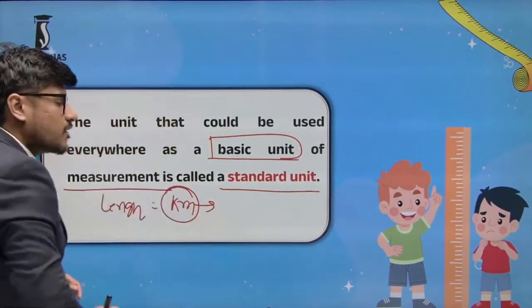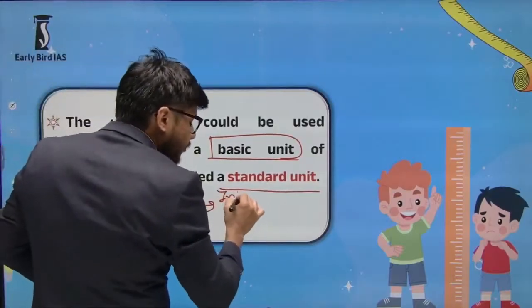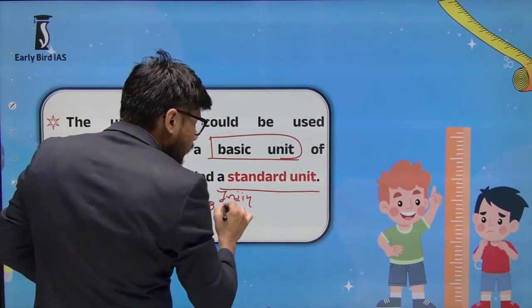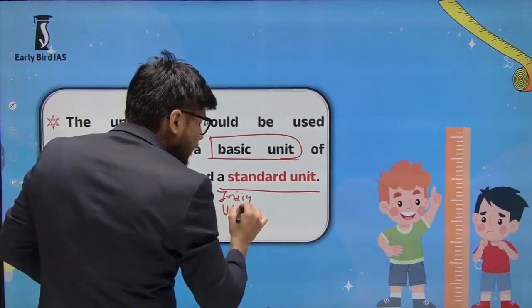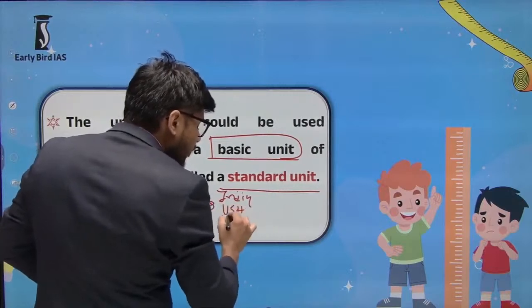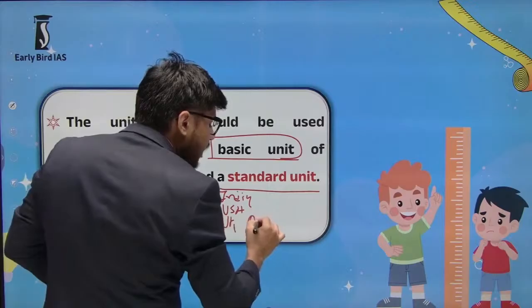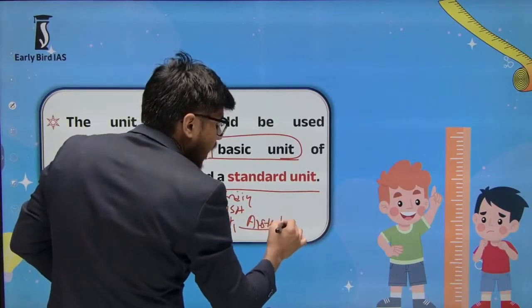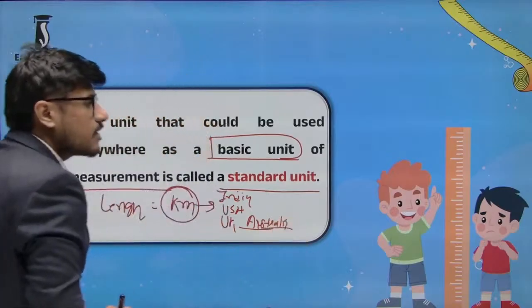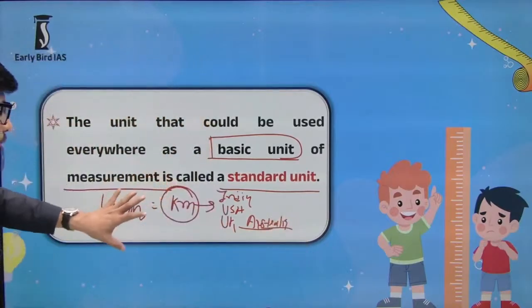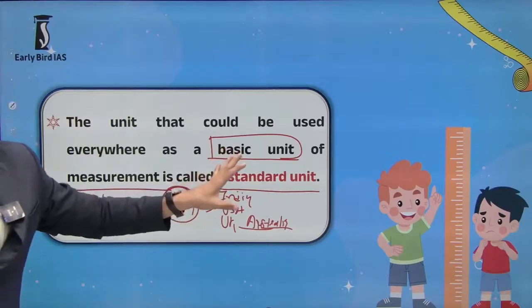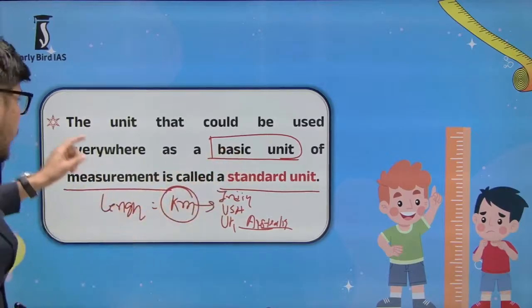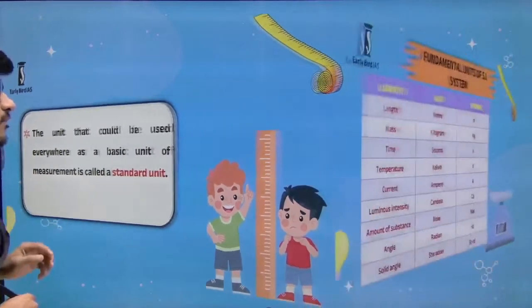This kilometer I can use in India, in the USA, in the UK, in Australia, wherever I go. I use this standard unit kilometer to calculate any distance. Right now you got my point?